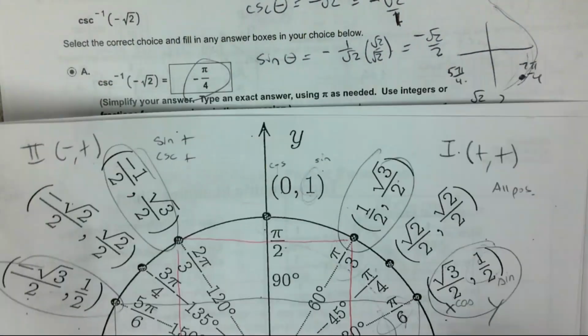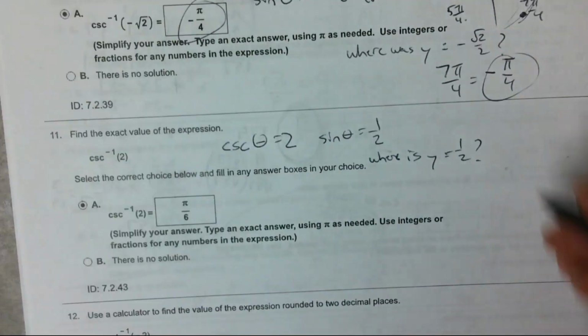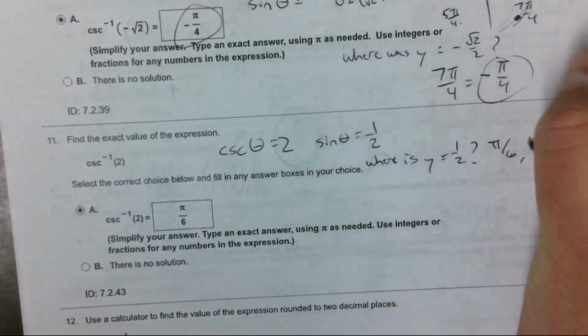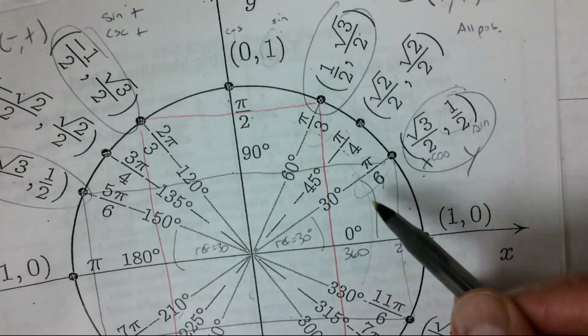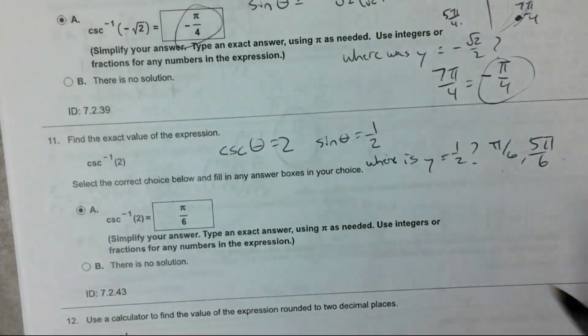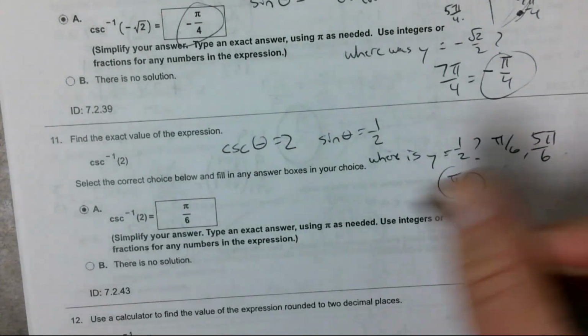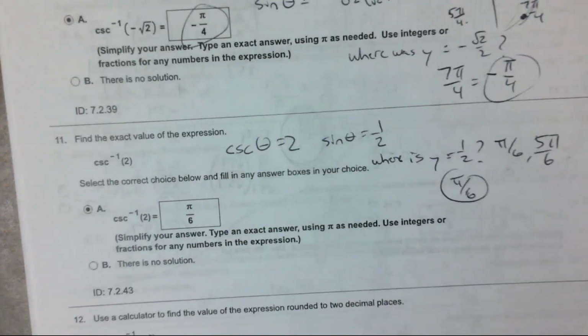It's over here at pi 6 and at 5 pi 6. And you have to be in this quadrant. So it's pi 6. Hopefully you'd be catching on and starting to go a little bit faster.